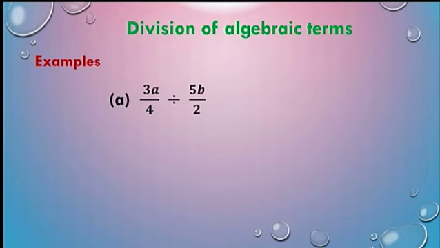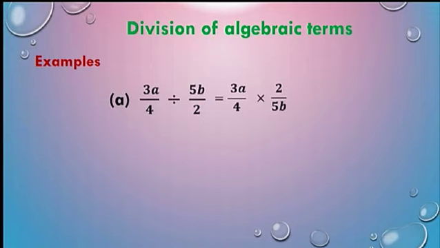That is, to divide two fractions, you change the division into multiplication by taking the reciprocal of the second fraction. Here also, to perform this division, first we write the first fraction, then we change the division into multiplication by taking the reciprocal of the second fraction. So 5b over 2 becomes 2 over 5b.